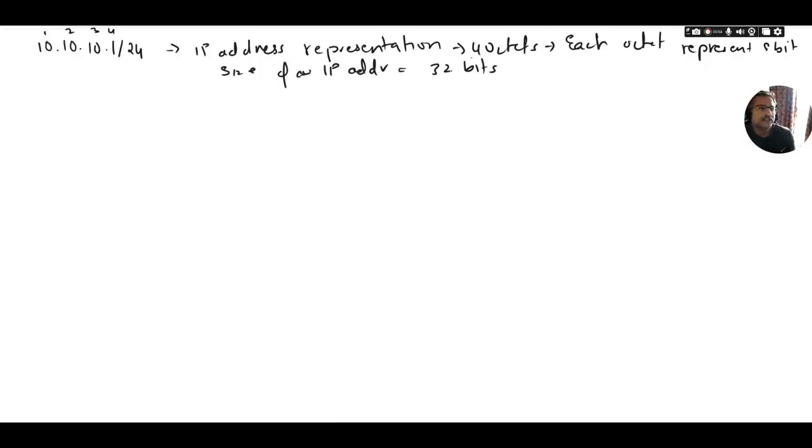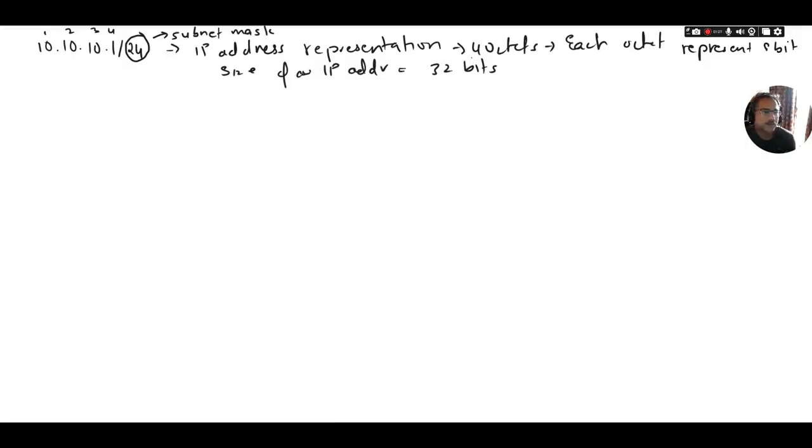Now let's understand the significance of this /24, which we call the subnet mask. /24 means the first 3 octets' bits are on. Total how many bits are there in an IP address? 32. So out of 32, 24 bits are on.